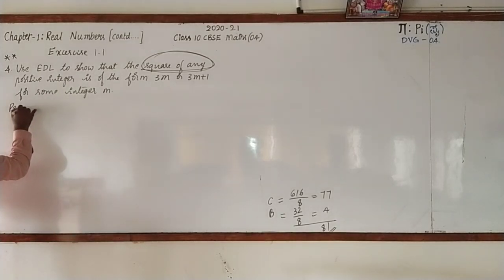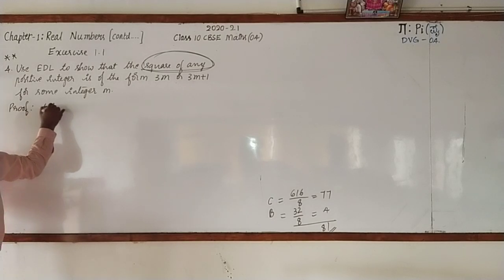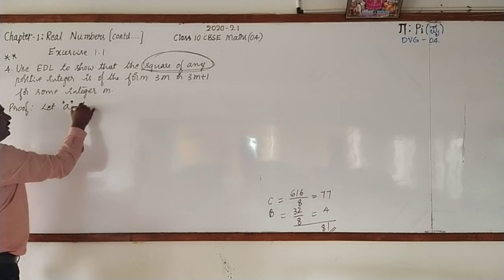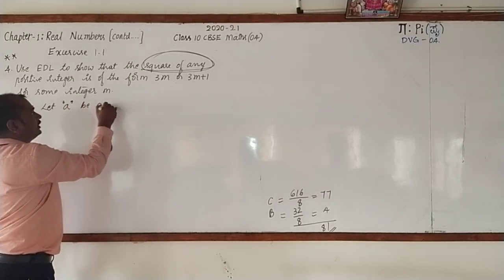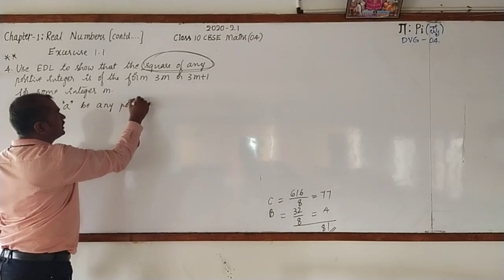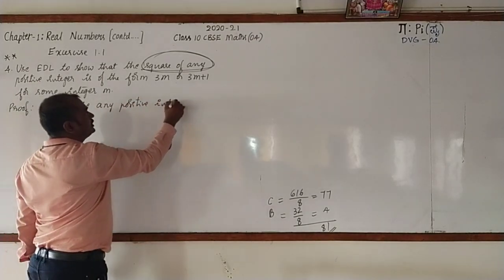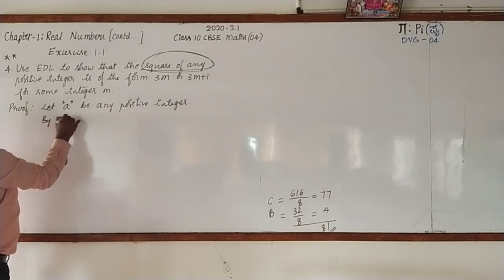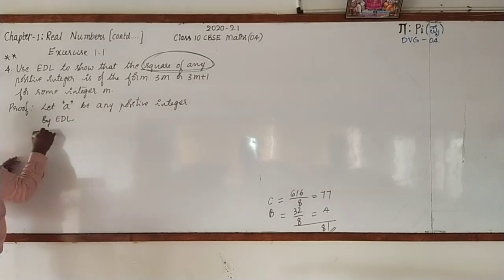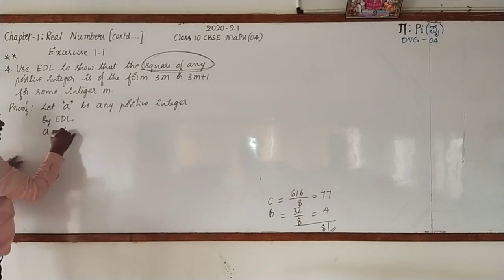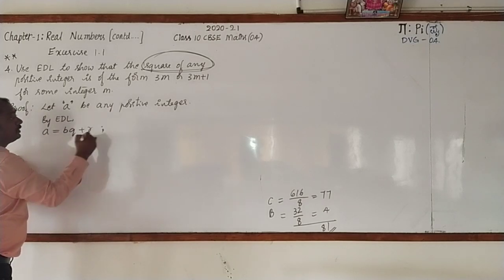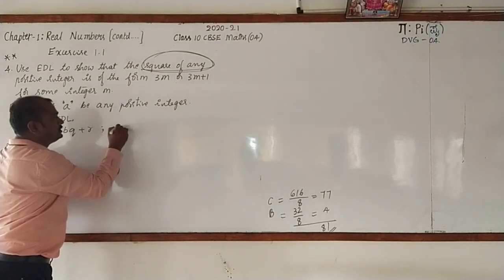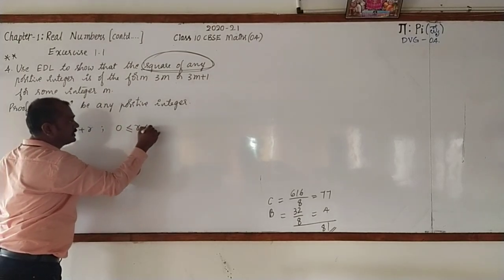Observe this carefully. Proof. We do not know what is that positive integer, hence let us assume this as a. Let a be any positive integer. Then when you apply Euclid's division lemma or algorithm, how do you go for writing? Yes, you are right. It is a equal to bq plus r. Then what is the condition? Do remember the condition. 0 is less than or equal to r less than b.